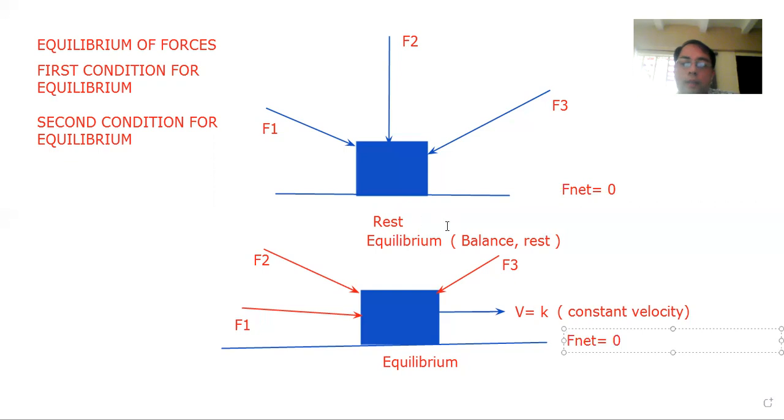It will either remain at rest, or if the body is already in motion but there's no net force, the body will move with constant velocity, what we called last time uniform motion. So we can achieve a condition of equilibrium in these two instances.